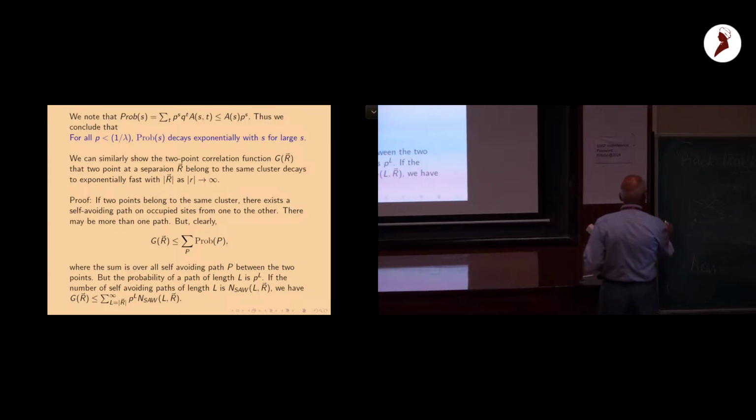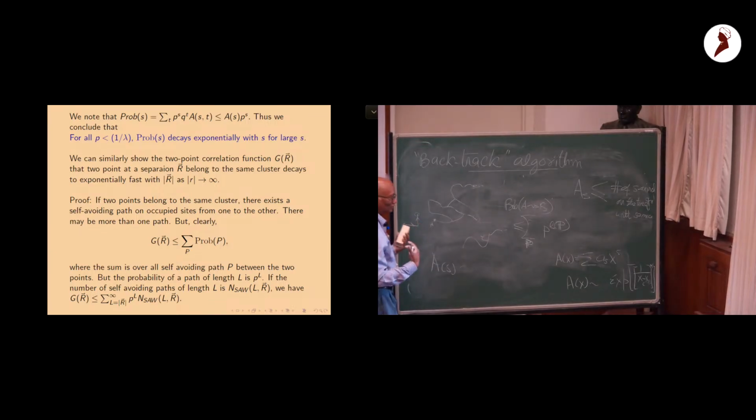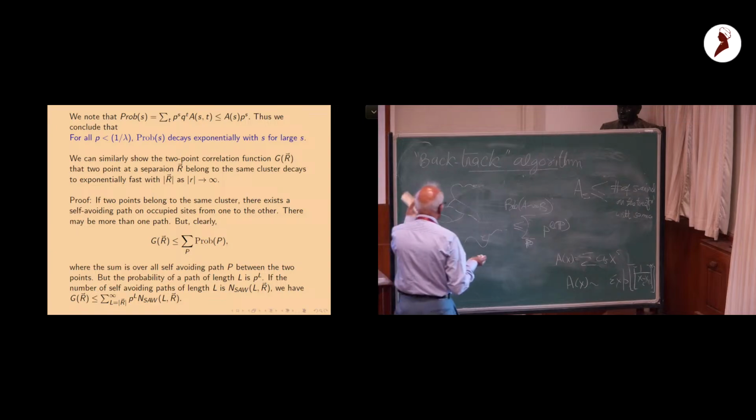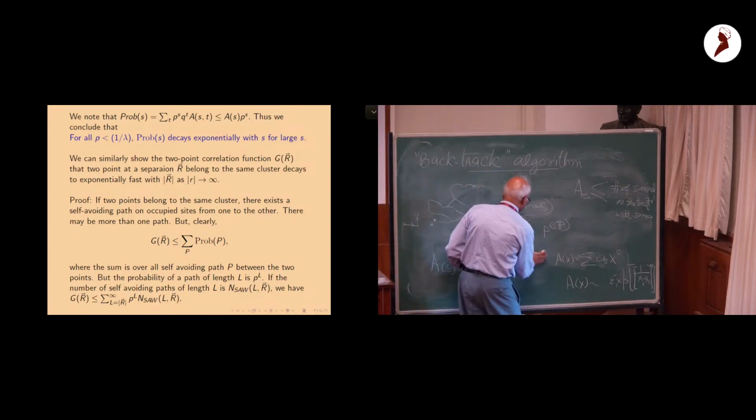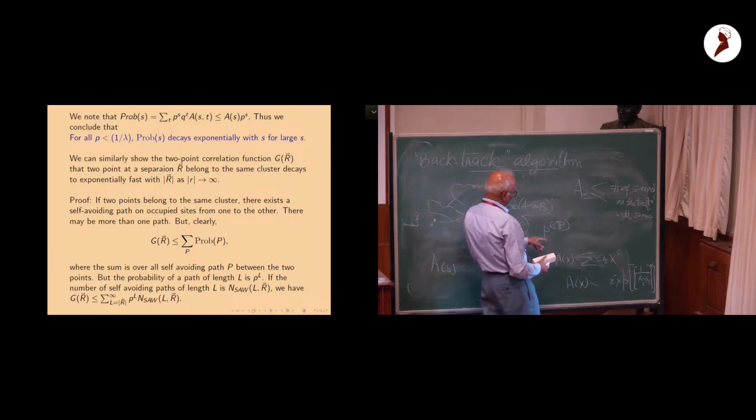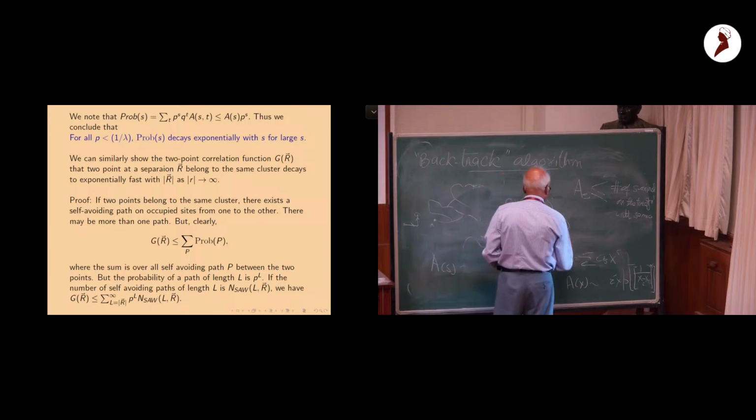If you have 2 points like this, from here to here you can only reach in 2 steps. One step is not possible, 2 is possible. We will not worry about root 2. This is not the Euclidean distance between points. It is the path distance, the length of the shortest path. And we will call that R. So this will be summation over P, L of P bigger than or equal to R. But now I should write times the number of paths of length L.